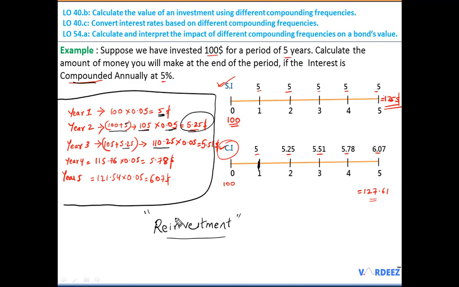That is why, when it comes to bonds, reinvestment is a major risk. It is one of the risks that we have when it comes to bond investment. I just wanted to touch upon this concept since we're talking about compounded interest, so that you at least have a fair idea of the conceptual understanding of reinvestment.